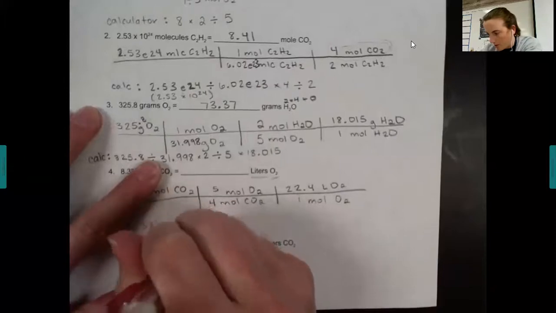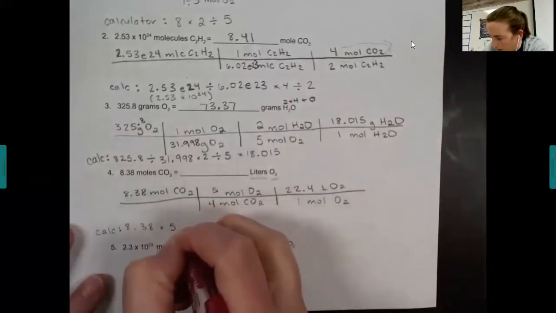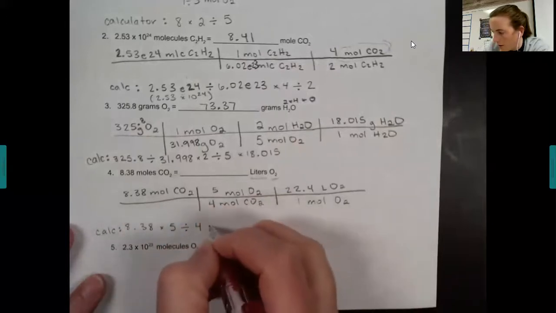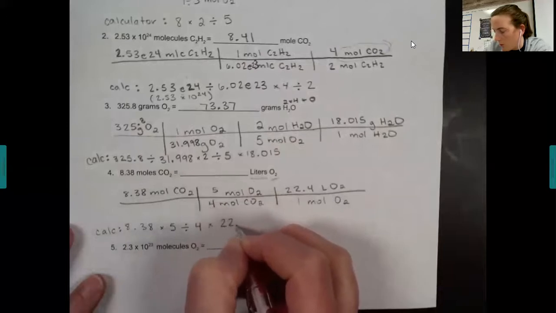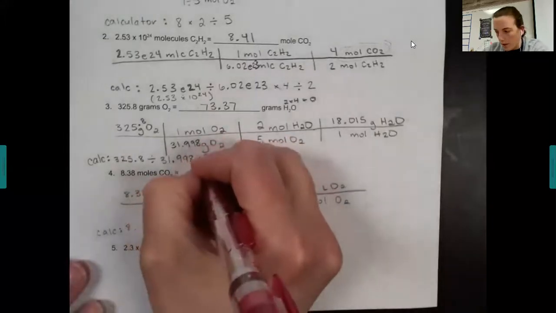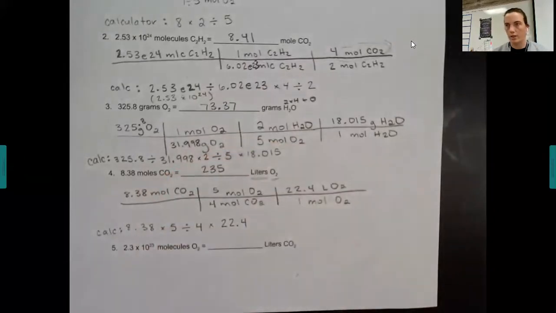You just need the numbers. So times 5 divided by 4 times 22.4. All right, so go ahead and put that in your calculator. And if you do this right, you should be getting about 235 liters of oxygen.